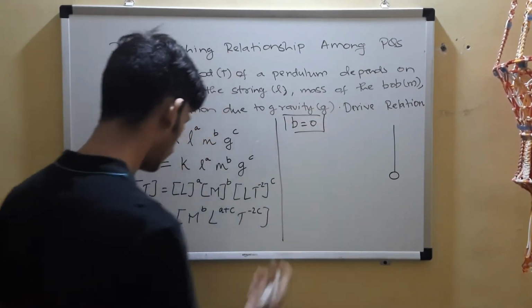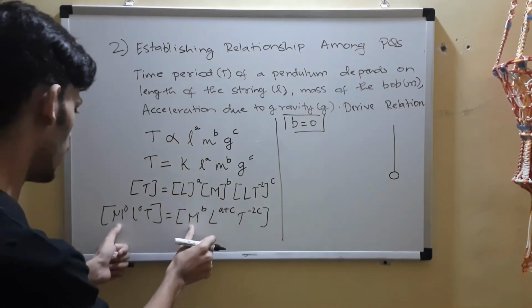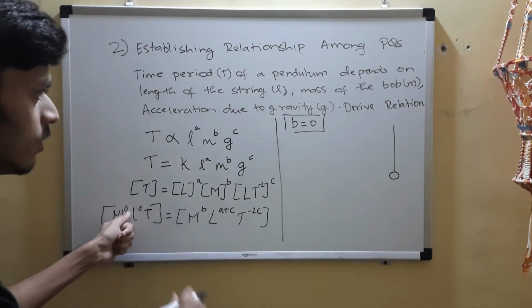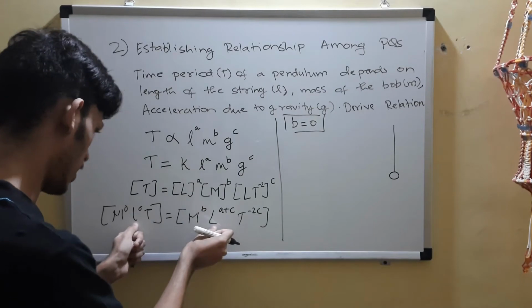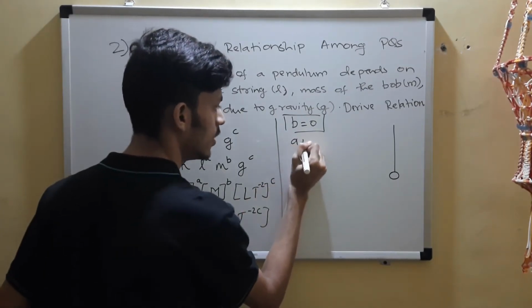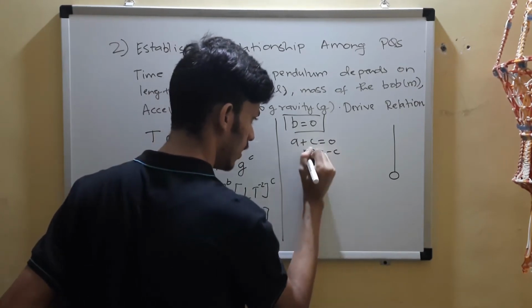Here also the bases of L are the same, so the powers should be the same. So A plus C equals 0, or A is equal to minus C.